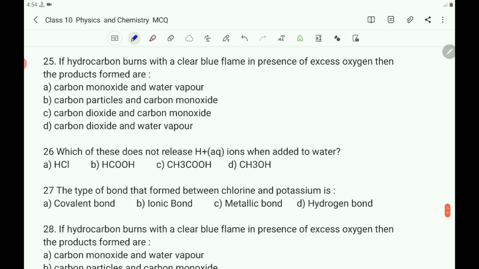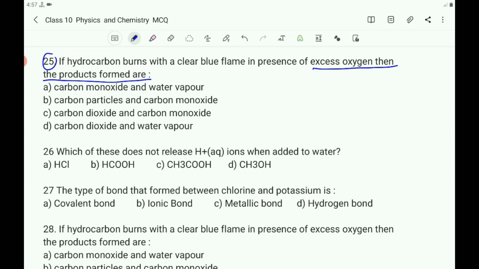Next let us take question number 25. If a hydrocarbon burns with a clear blue flame in the presence of excess oxygen, then the product formed is... If a hydrocarbon burns with a sufficient supply of oxygen or air, it gives carbon dioxide and water, and it burns with a blue flame.